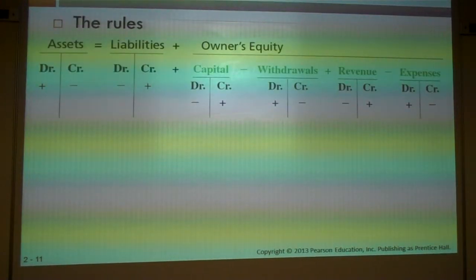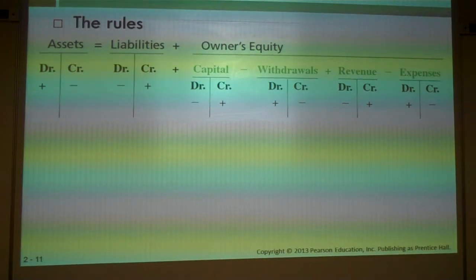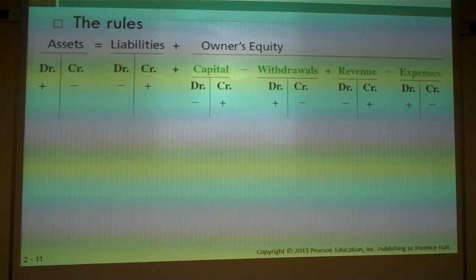The rules of the debits and credits, here they have where the normal balance is with that plus, and the minus is where we're decreasing. The ones that might give you a little trouble might be the withdrawal, the revenue, and the expenses.